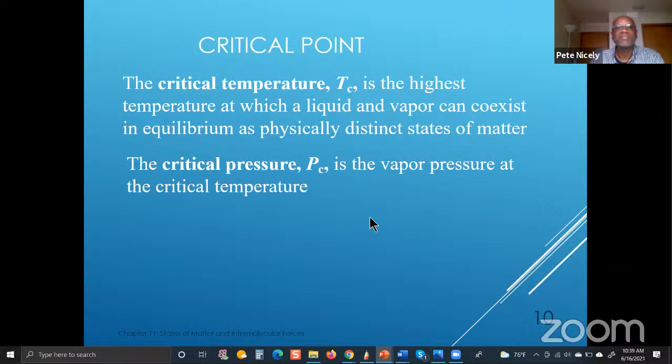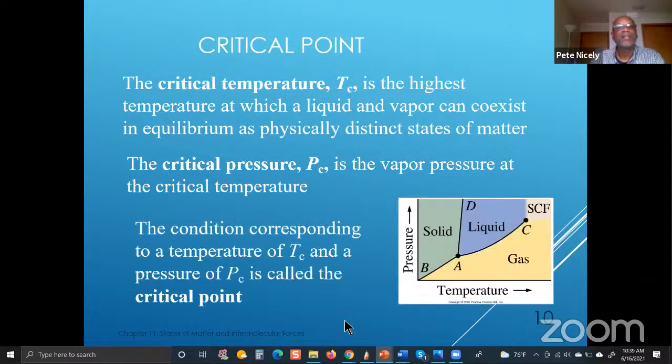Let me see here. Okay, so let's talk about, no, I think this slide is not in the correct order. I'm sorry about this, folks. Let me just check something here.